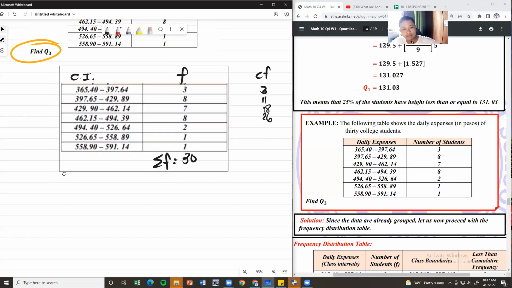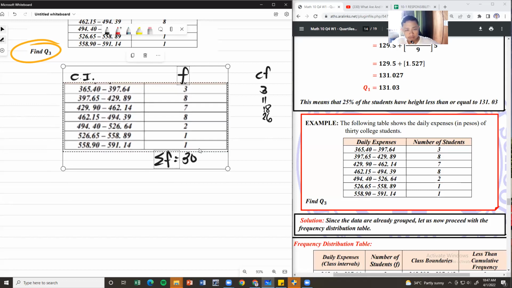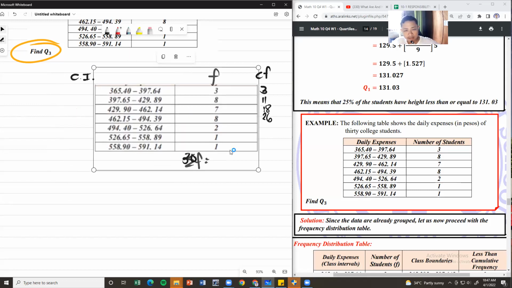Ayaw niya magpareho. Okay, ilapit ko na lang. 3, 11, 18, 26. 26 plus 2, 28. 29, 30. Ayun, maliit lang yung table ni CF.